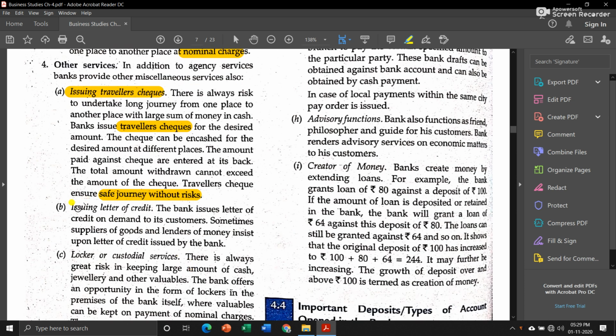Then next is issuing letter of credit. The bank issues letter of credit on demand to its customer. Sometimes suppliers of goods and lenders of money insist upon a letter of credit issued by the bank. Suppose you are purchasing goods from any supplier, or you had taken any loan from any third party, then you can ask your bank in which you have an account to issue a letter of credit.